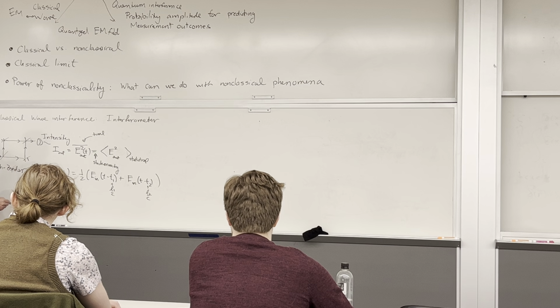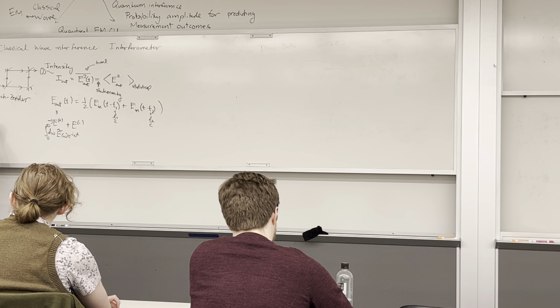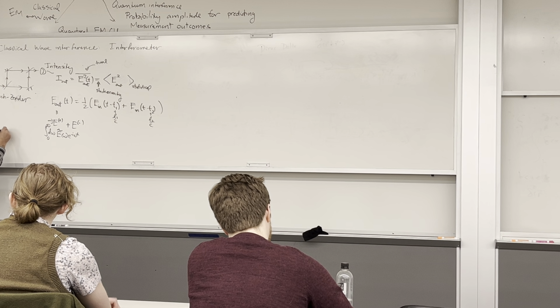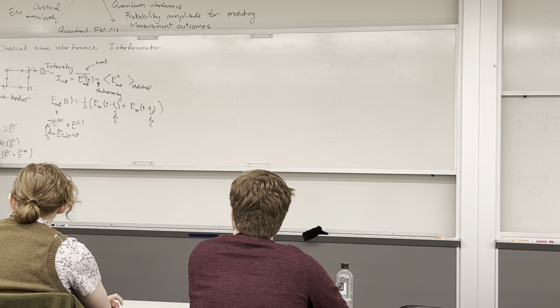The positive frequency component is related to what we call the complex amplitude by twice the complex amplitude, where the electric field is the real part of the complex amplitude, which is 1/2 that plus that star, right?